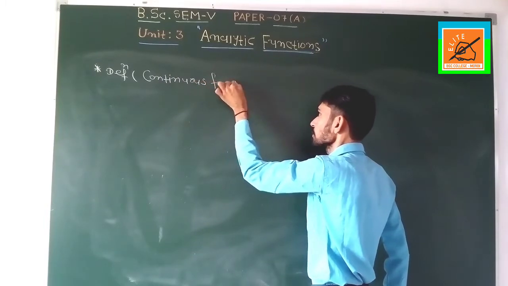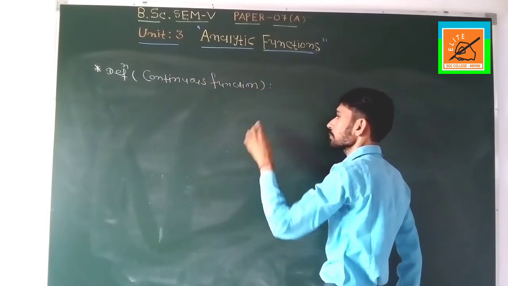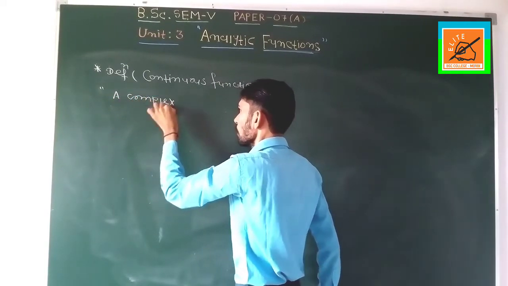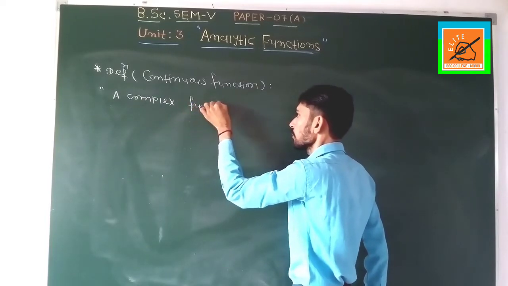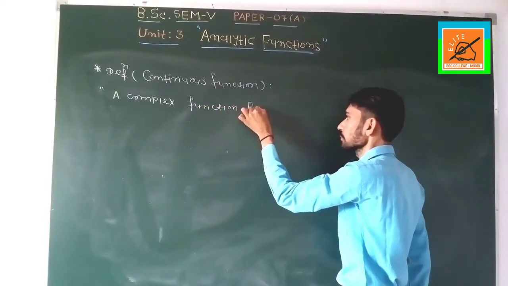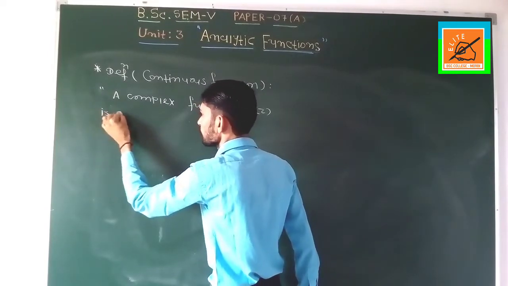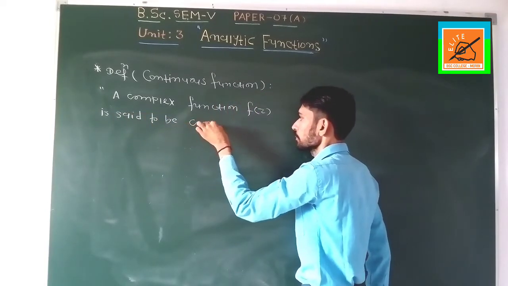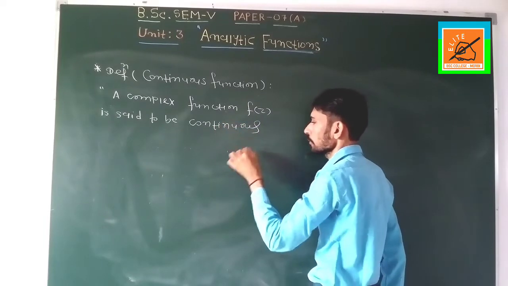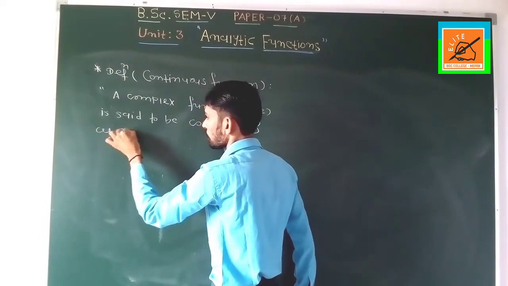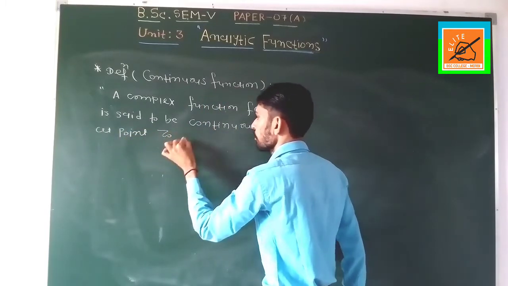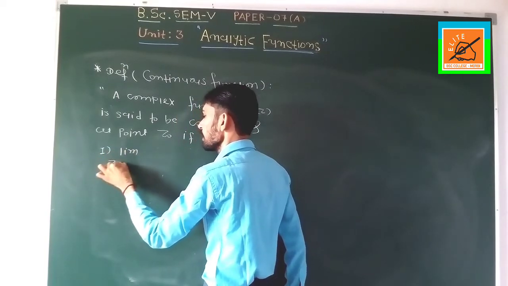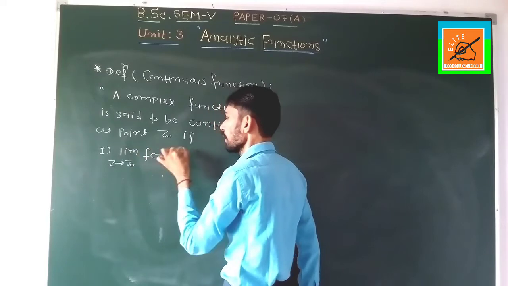Continuous function. A complex function f of z is said to be continuous at a complex point z0 if it satisfies the following conditions. First, limit z tends to z0, f of z exists.